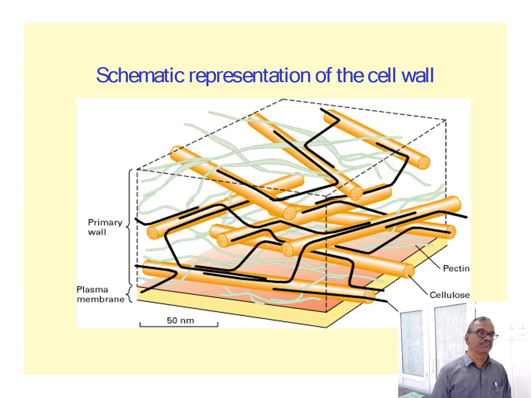See this figure for a minute. There is a bottom plasma membrane. Are you able to see that? Which is dark yellow in color. Then over that the primary wall deposition occurs. So in that how is it arranged? You can see the cellulose, a fiber-like microfibril structure united together, and it looks like a stick, isn't it?